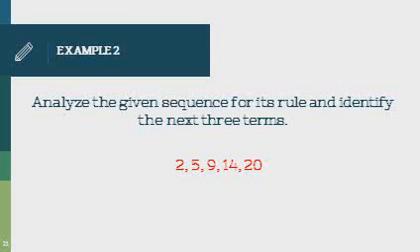So, kung mapapansin natin yung difference nila is tumataas from 3, 4, 5, 6. The possible na common difference ay magiging difference ng next 3 terms will be 7, 8, and 9. So that will be 20 plus 7 is 27. 27 plus 8 is 35. Then 35 plus 9 is 44. So that will be the next 3 terms for our sequence.